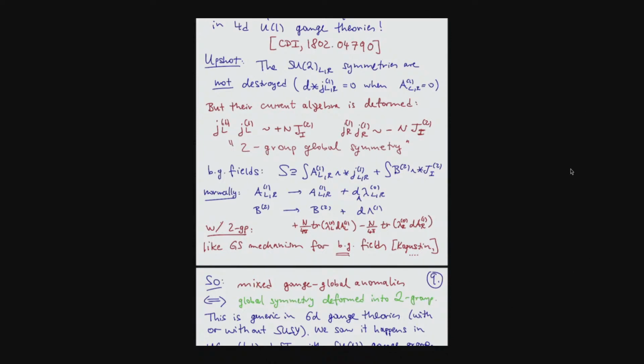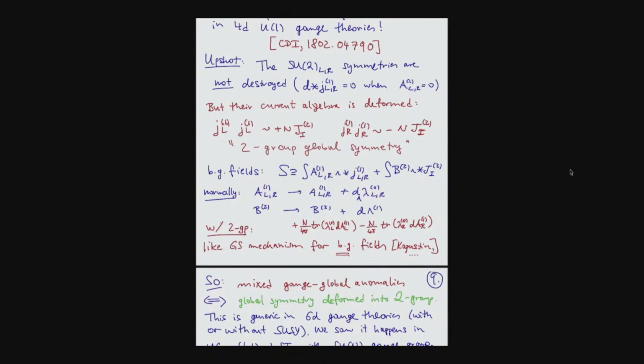Can I read this as a failure of associativity in the current algebra in this deformation? Is it a failure of associativity or of a Jacobi identity? Yeah, so it's not the Jacobi identity for charges. As I said, the algebra of charges is not modified, but there is a failure of associativity if you ask a sufficiently refined question.